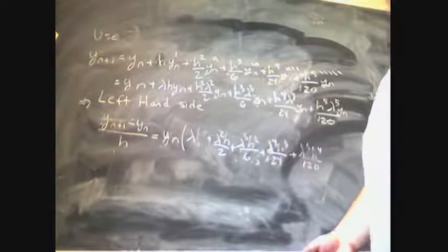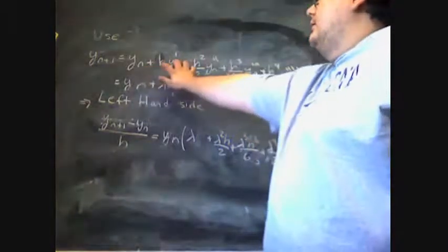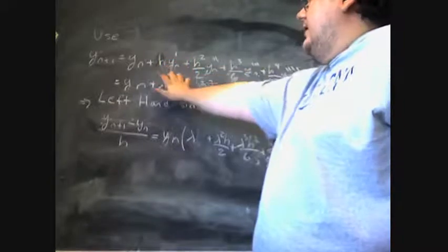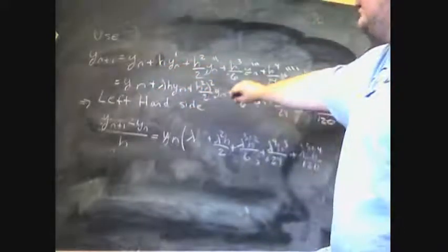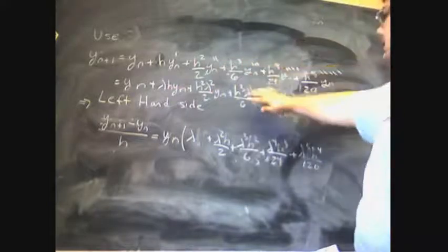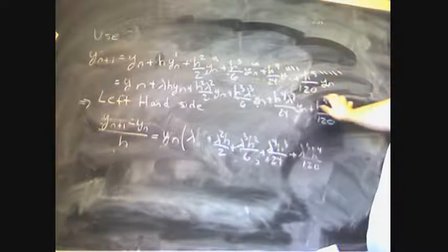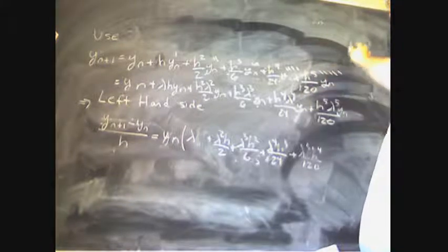So using our traditional Taylor series expansion, we have y of n plus the distance between the two points, which is h, times yn prime, plus h squared over 2 yn double prime, etc. You keep having your h to a power over that power factorial times yn to that derivative.